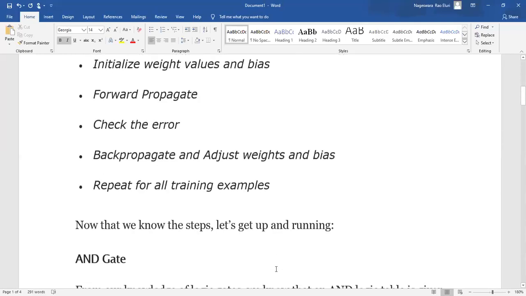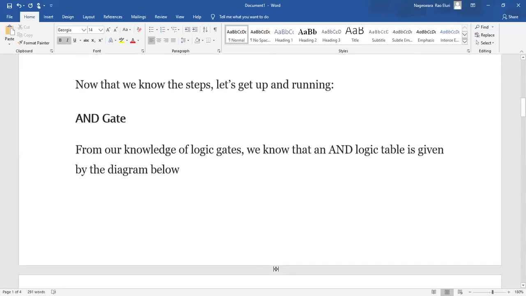Now we will go through the AND gate. The AND gate is a logical gate, and all of you know its truth table.